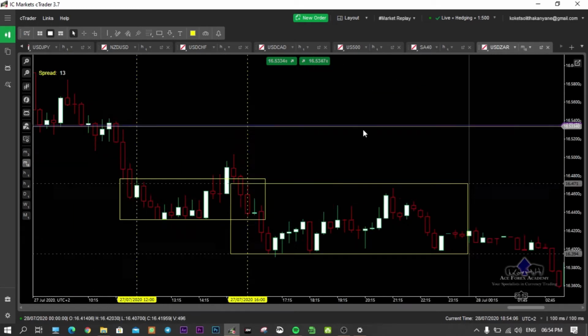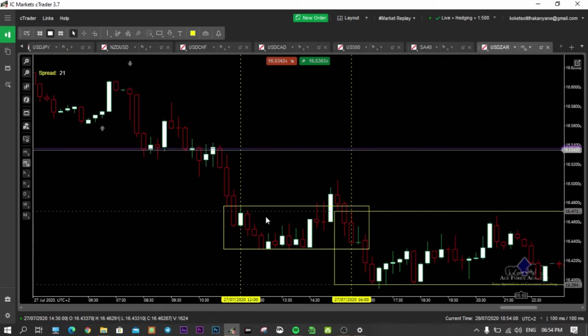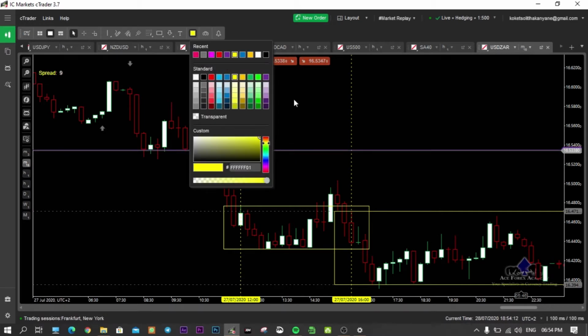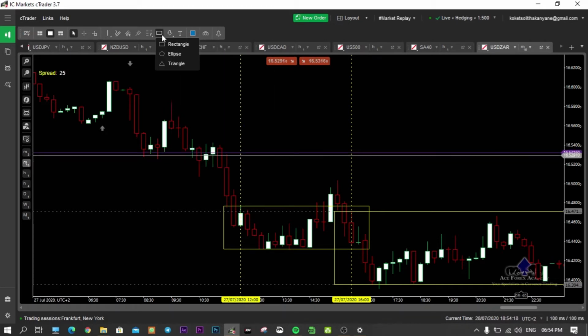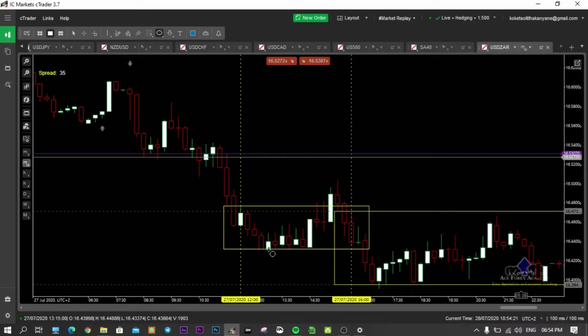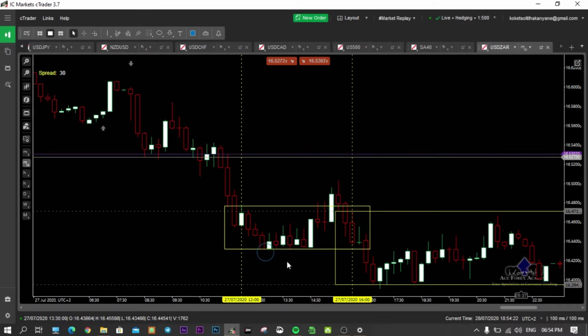Let's move on down to the smaller time frame, and what we then do, number one, is you want to start on your left before you go to the right hand side. So we want to identify our swing low.